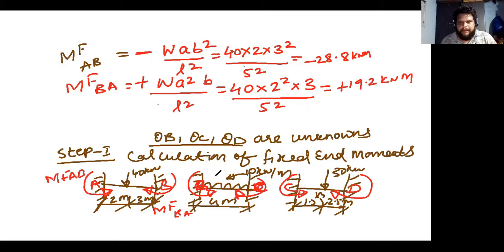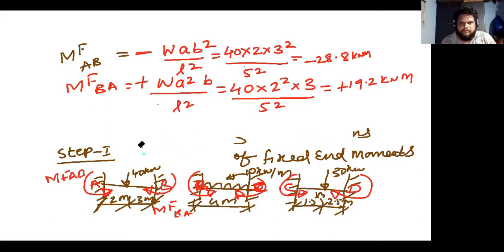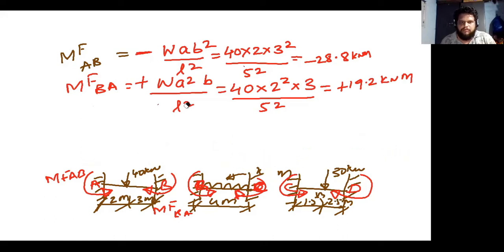Next, we'll go for span 2, that is of UDL. Let me erase this. Okay.